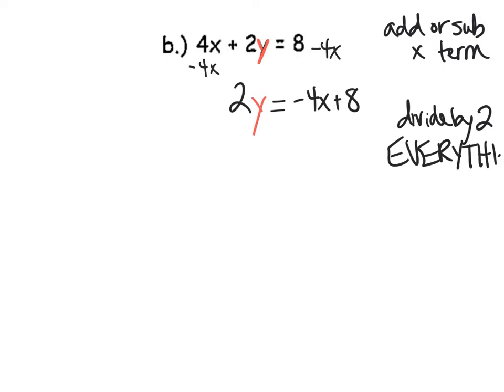No one said the word everything. Everything. Okay, the 4x gets divided by 2. And the 8 gets divided by 2. Simplify. Negative 4 divided by positive 2. 8 divided by 2. You're done.